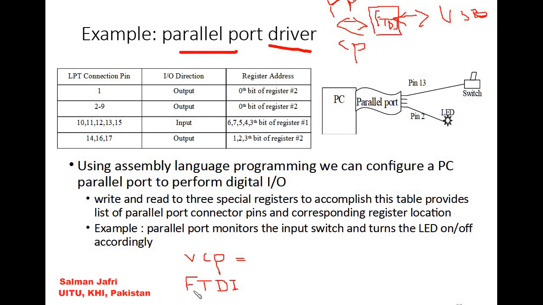One of the companies that sells this chip is FTDI. The parallel port communicates the parallel protocol to the FTDI chip, and FTDI converts it to USB, so that your system can be connected to a USB port of your PC for this communication, right? So any kind of IO devices according to the scheme of the parallel port can be accessed properly.